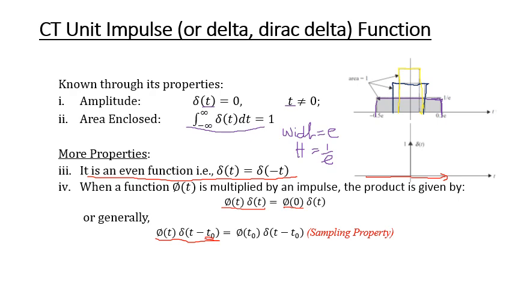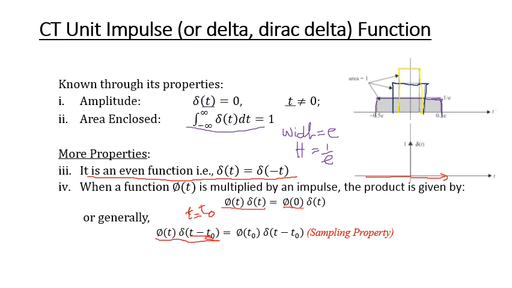If we have a shifted impulse, the shifted impulse will have a non-zero value when its argument is 0, right? So in this case that means the impulse will have a value of 1 at t equals t naught. So at t equals t naught, the impulse will have a non-zero value.